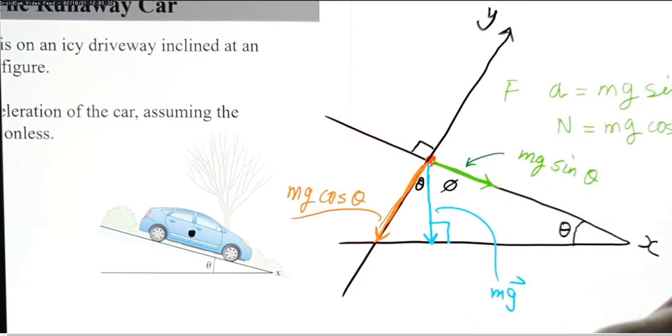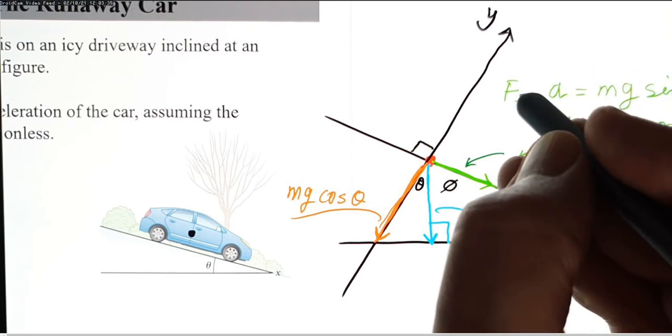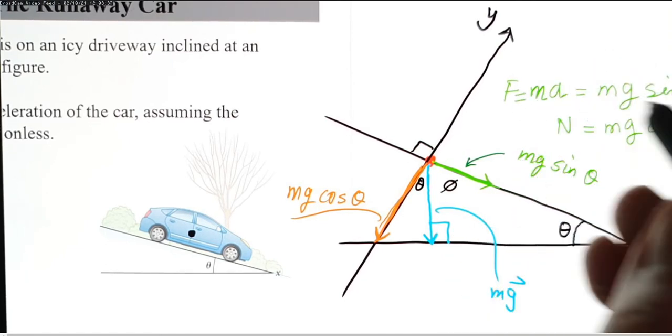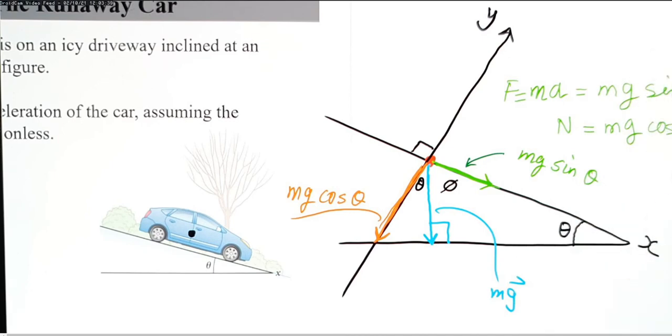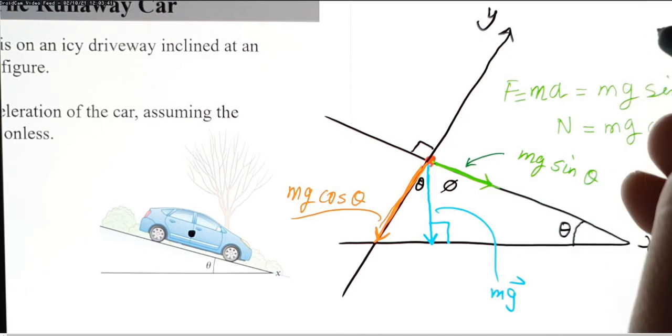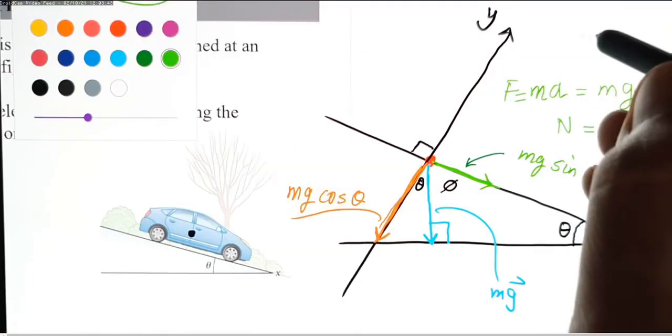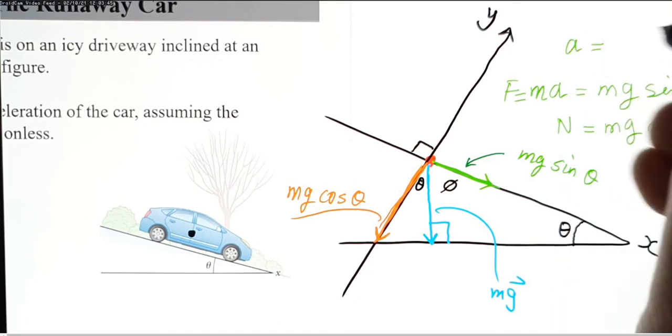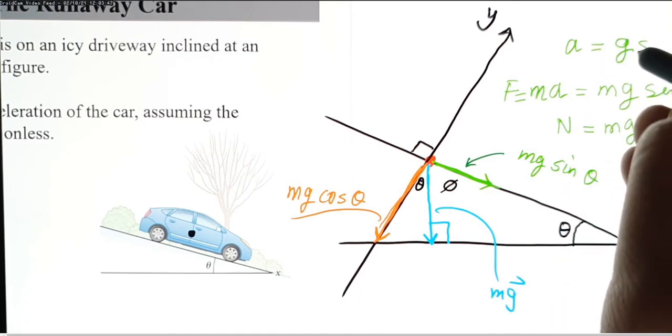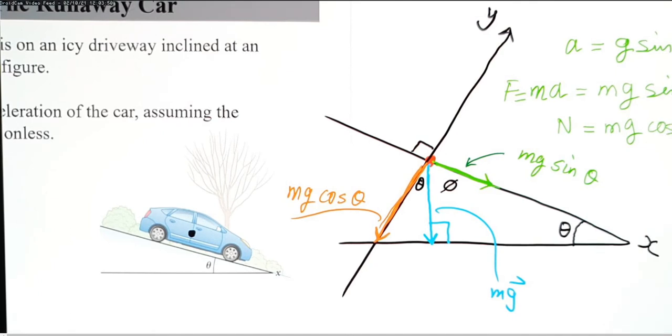Who is this? Dawood, bravo, thank you. So here M, here M, and we can just write it like this. A is equal to g sine theta. Thank you, Dawood.